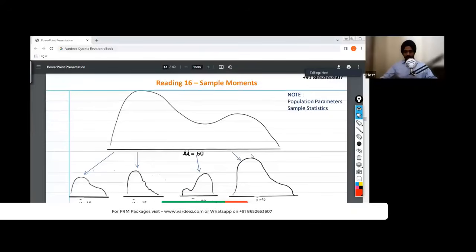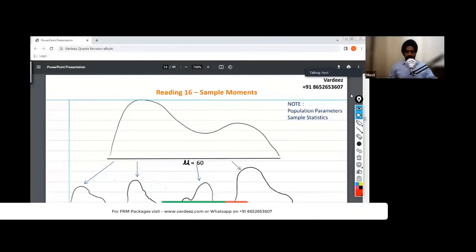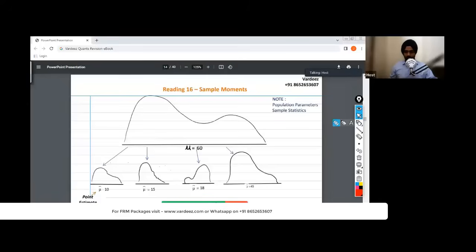Now, moving on to important things first. The very first thing is that you should know what these things are called, otherwise you'll get confused later. First thing, what is a population parameter? For example, the mu, this thing that you see here, and the other thing is the variance, right?